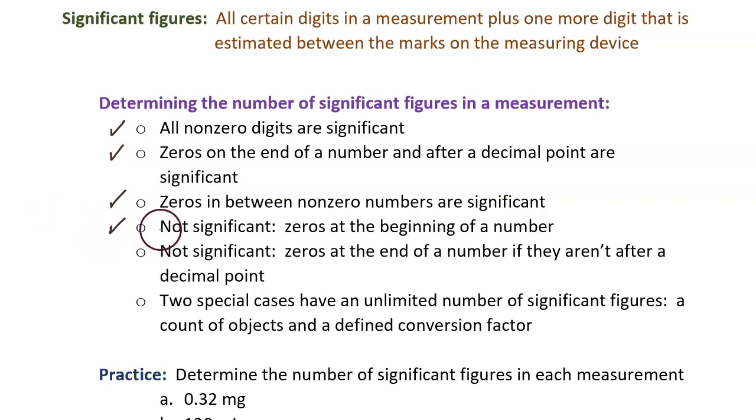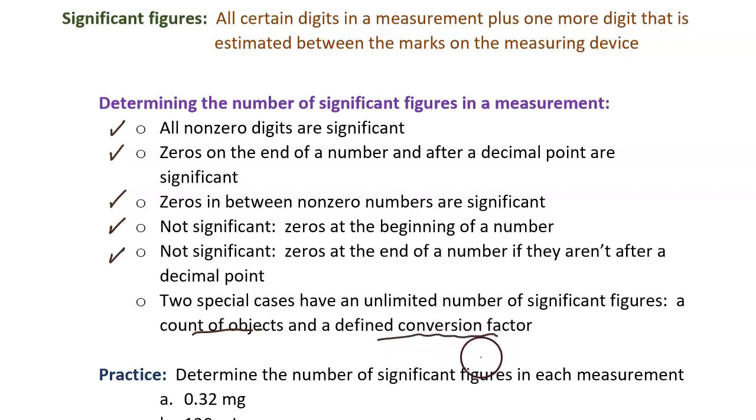Zeros at the beginning of a number are not significant. Zeros at the end of a number, if they aren't after a decimal point, are not significant. There are also two special cases in which written numbers have an unlimited number of significant figures. That's when the number is a count of objects instead of a measurement off a measurement device, or when the number is a defined conversion factor.